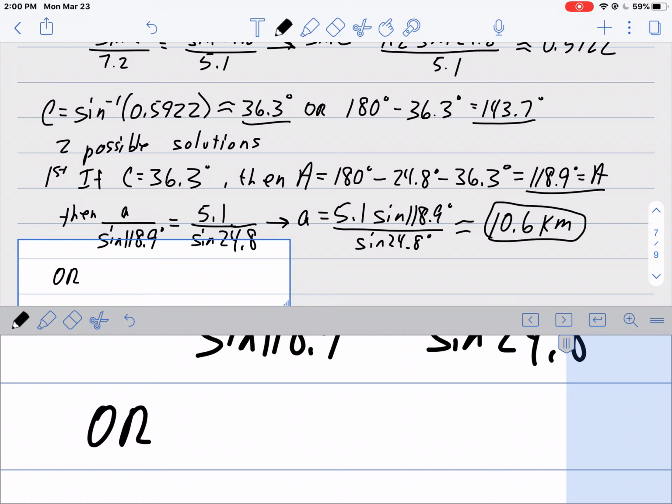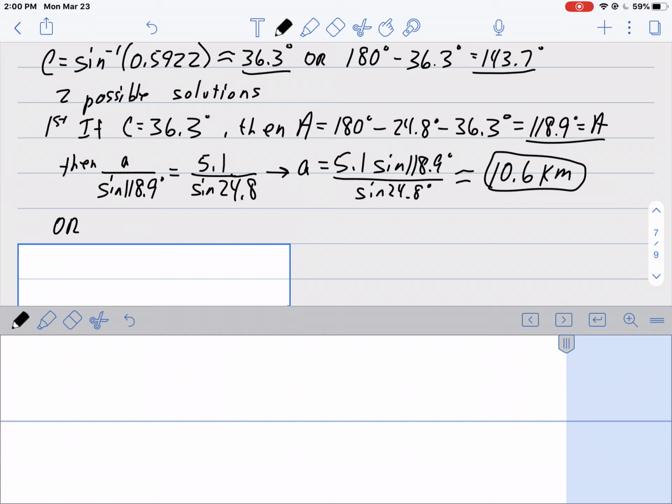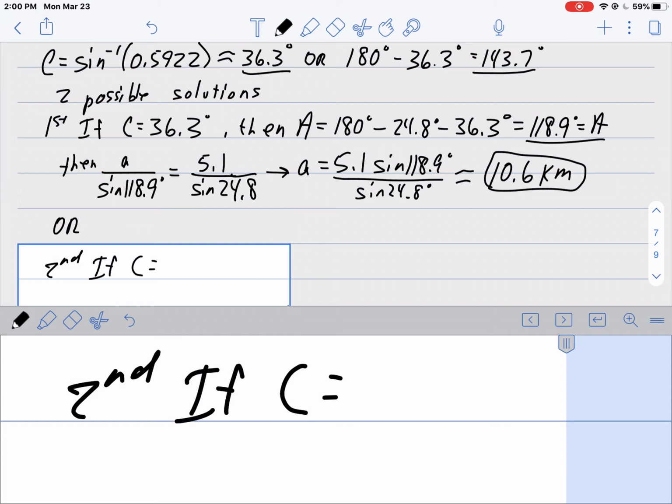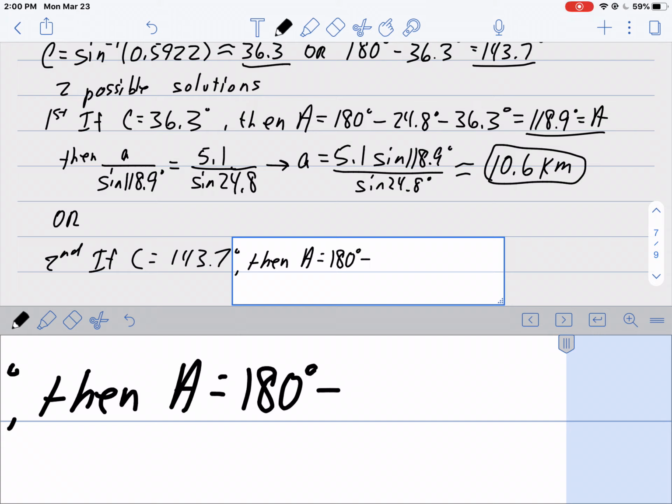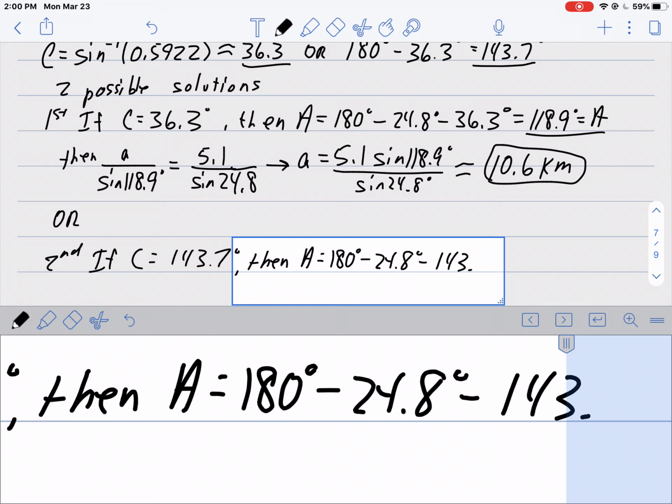Or secondly, if we chose C as the other angle, 143.7, then in that case, our angle A would be 180 minus the 24.8 from angle B, minus this angle C of 143.7.